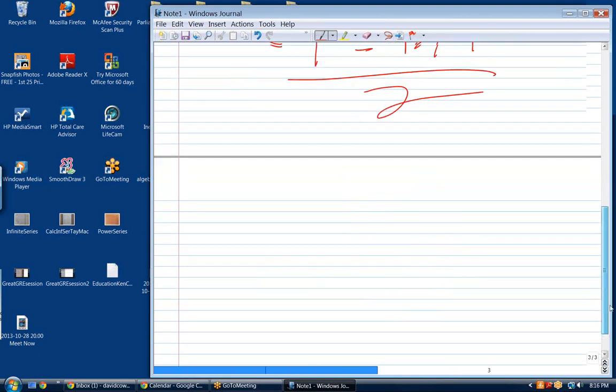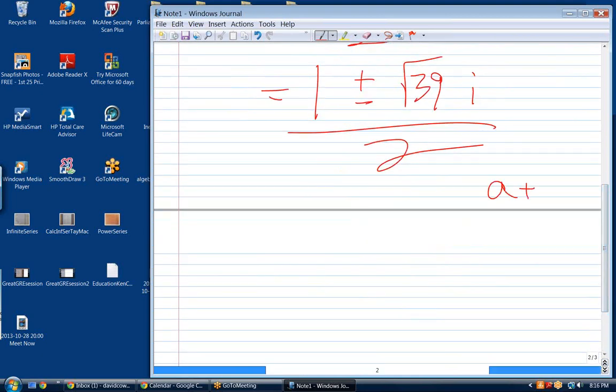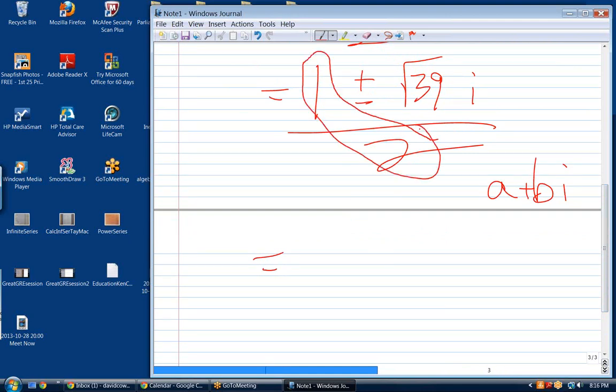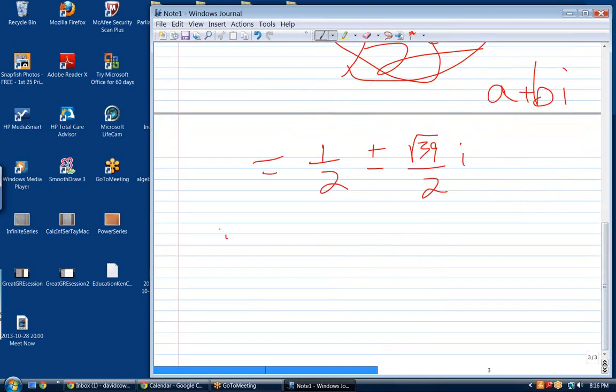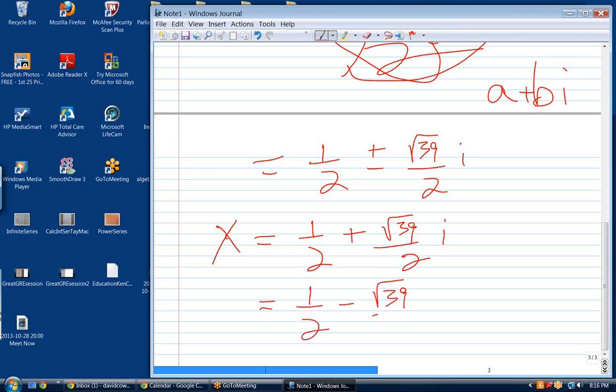And if I really want to put it in the form a plus bi, then I have to separate this into two partial fractions. First one is 1/2 plus or minus root 39 over 2 i. So my solutions are 1/2 plus root 39 over 2 i and 1/2 minus root 39 over 2 i.